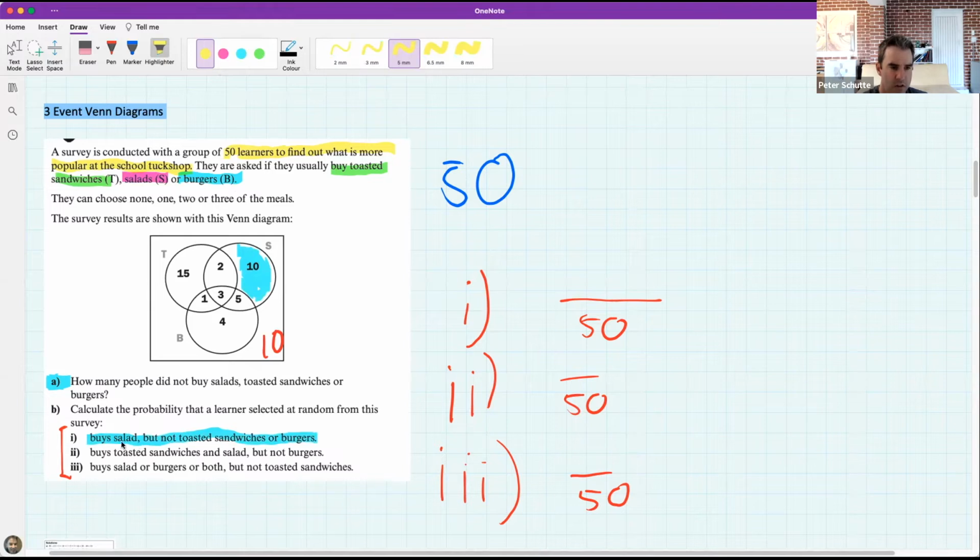As we look at this, think about what regions are going to be involved for each of these questions, and then ask yourself, what is the probability that will be?